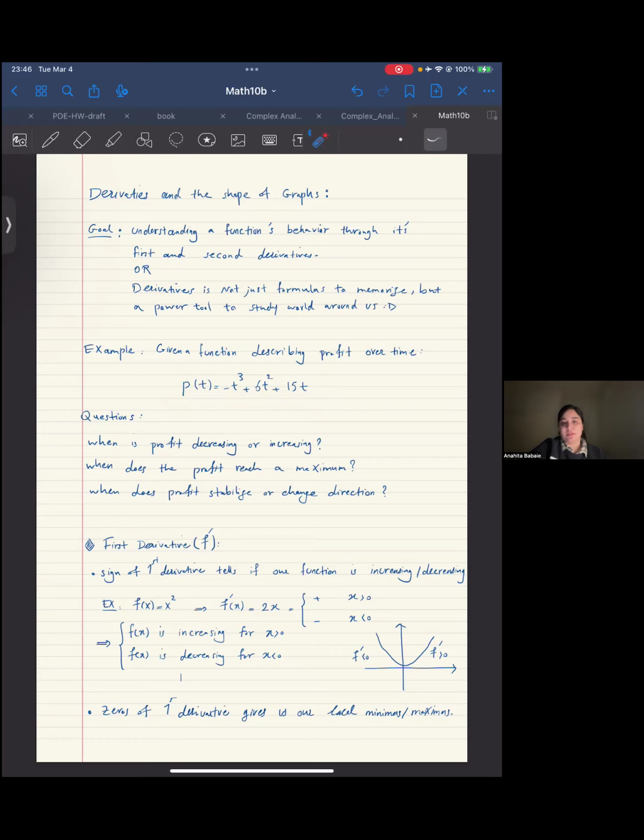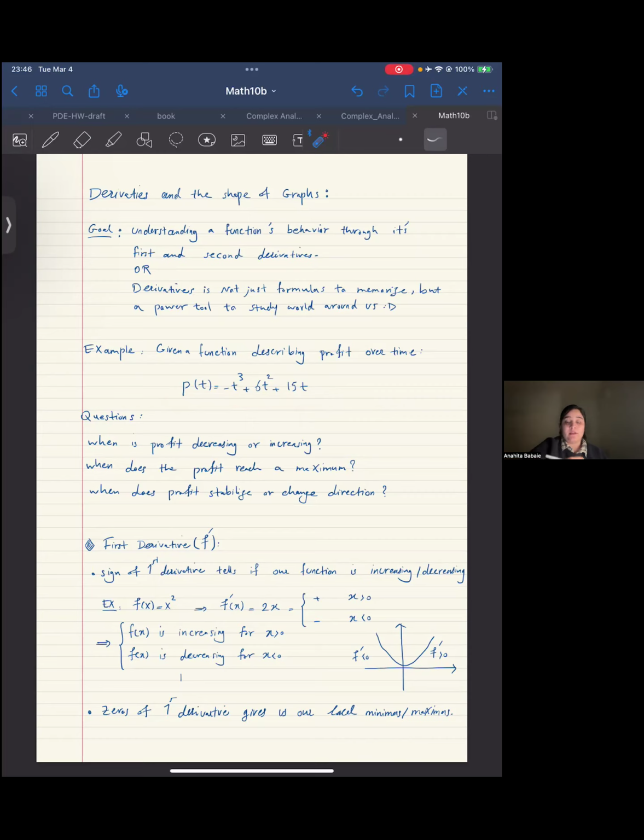This is where derivatives come into play, and working with the first and second derivative, we are able to answer these questions about any complicated function, where looking at the function we have no idea about the shape of its graph.